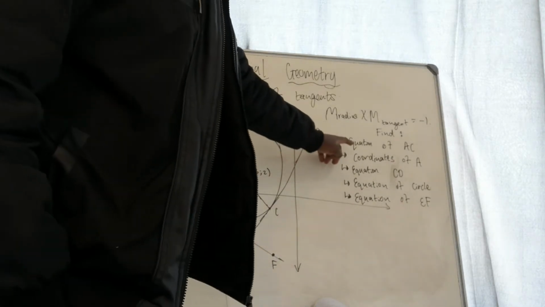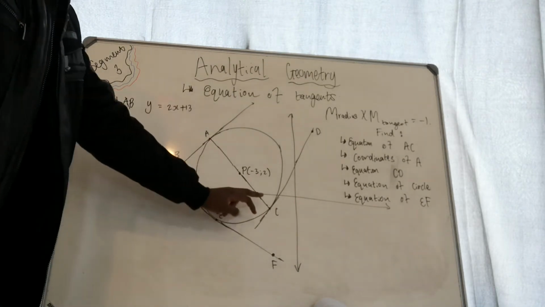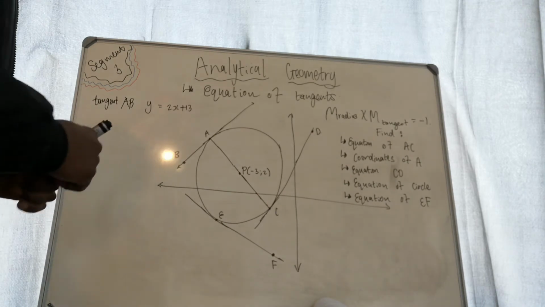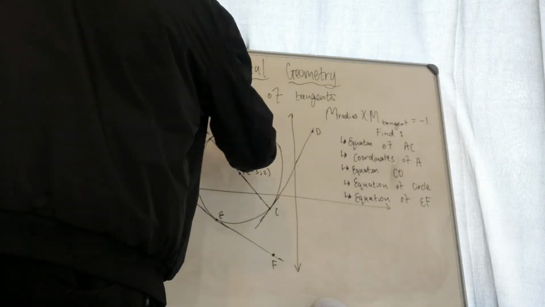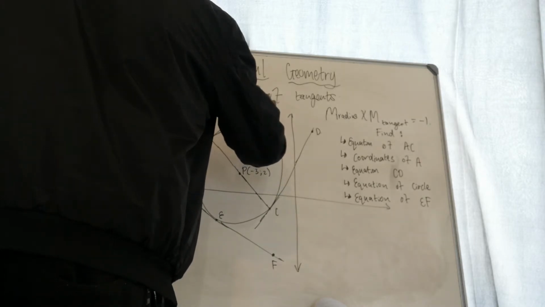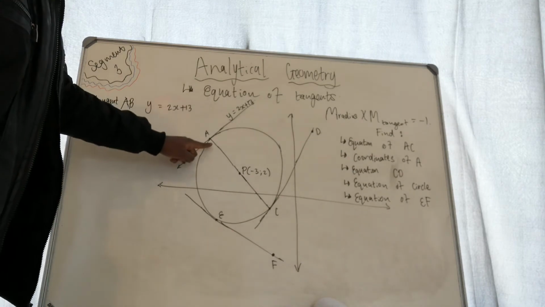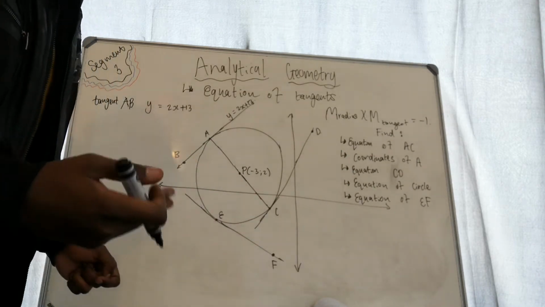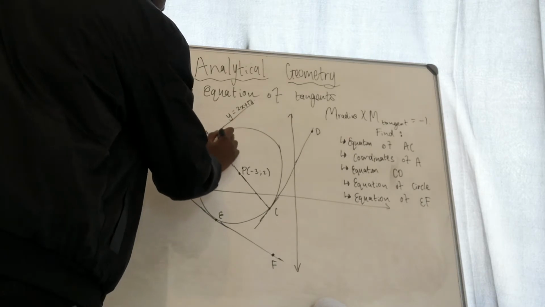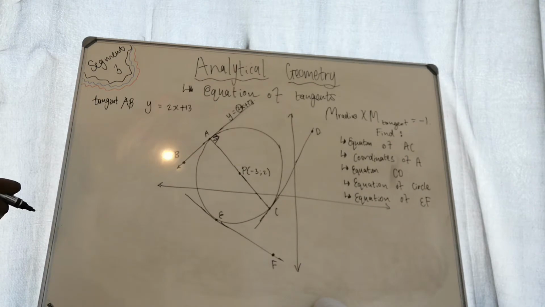So the first question we're asked is the equation of AC. So there's an A and there's a C there, and we're asked for the equation of that line. One thing we know is this equation, y is equal to 2x plus 30. If we know that equation and we know that this is a diameter, it's a radius, then we know for sure that we can use that gradient up there, right guys?